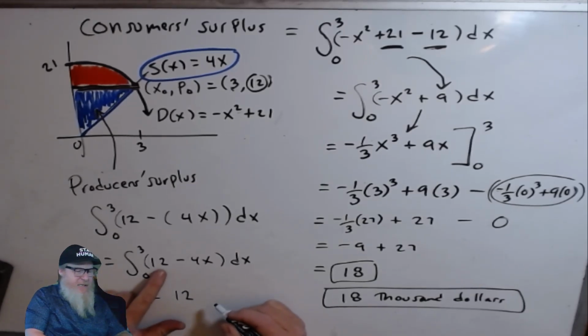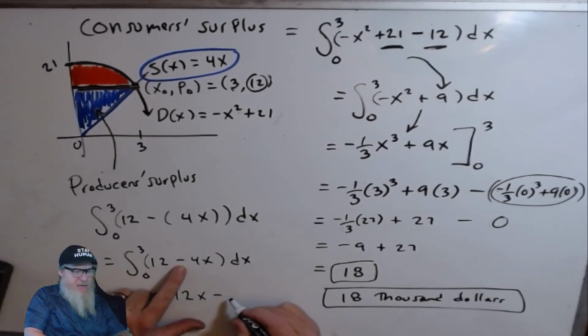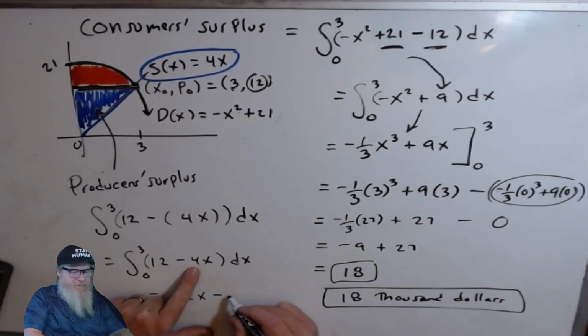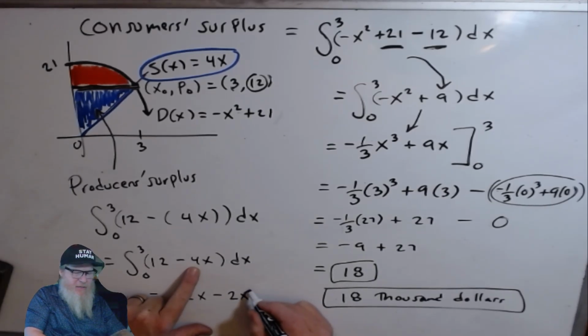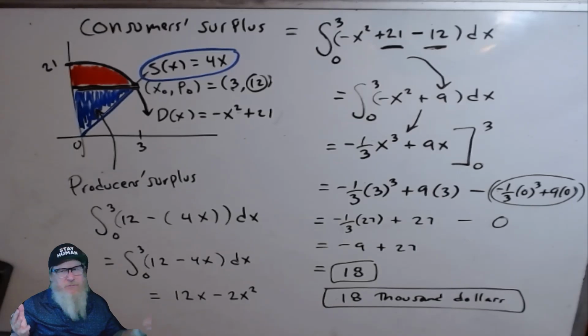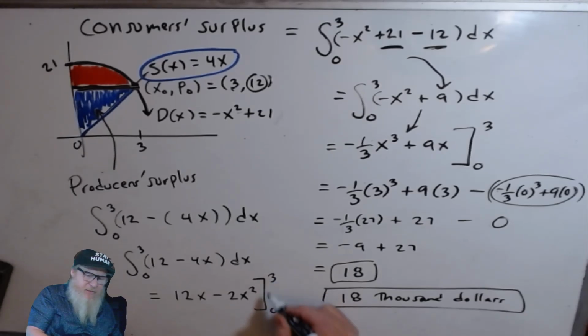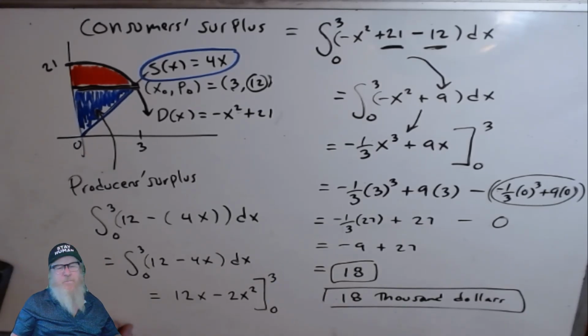So we'll take the antiderivative of 12, which is 12x, and then the antiderivative of 4x is 2x squared, right? Or it's 4x squared over 2, which really means the same thing as 2x squared. And we're going to evaluate that between, again, 0 and 3.